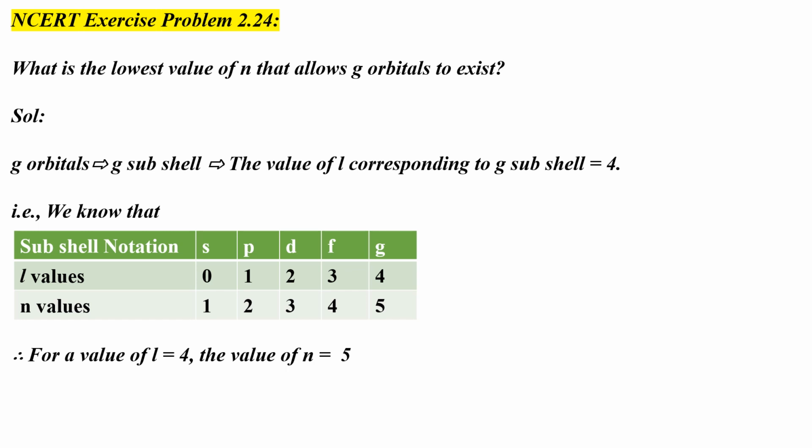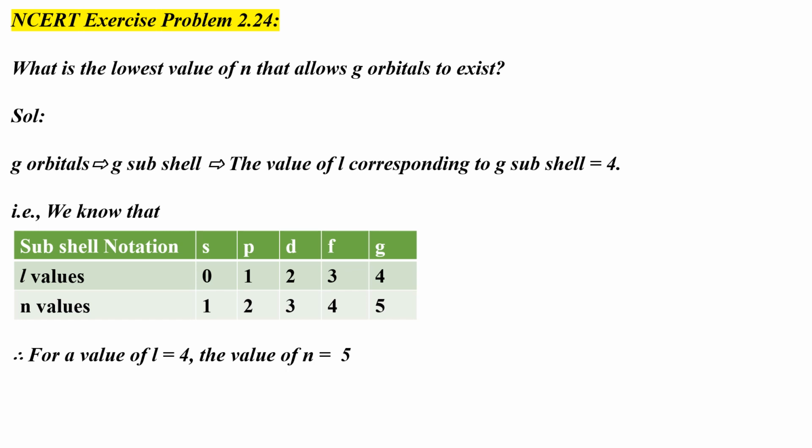G orbitals exist in G subshells, and what would be the value of L corresponding to the G subshell? It would be 4. Look at the tabular column. When you write SPDFG and write the corresponding values of L, you find that the G subshell has the value of L as 4.